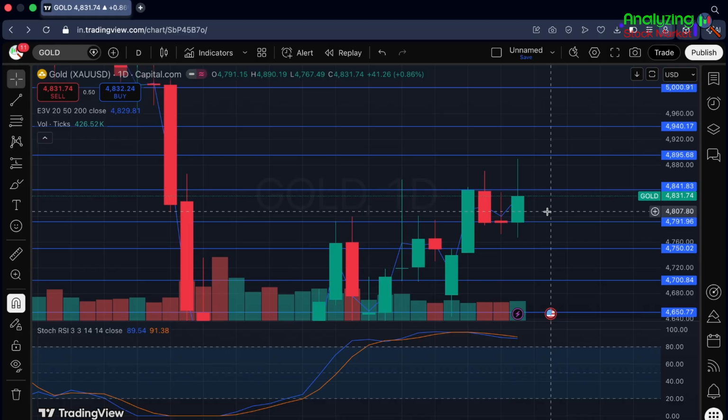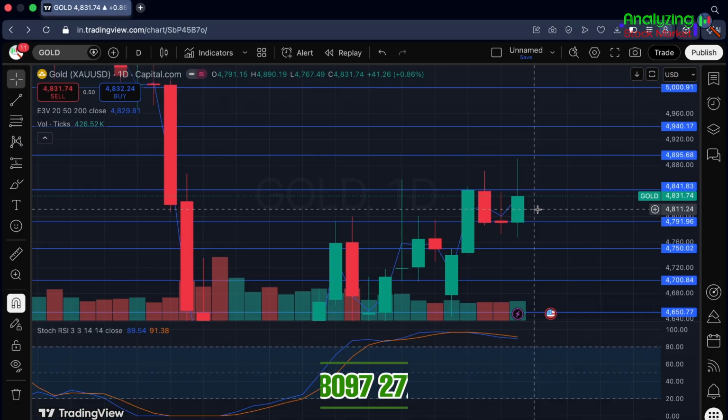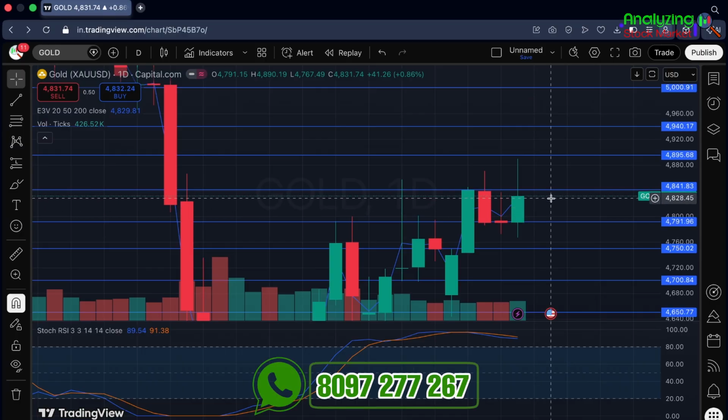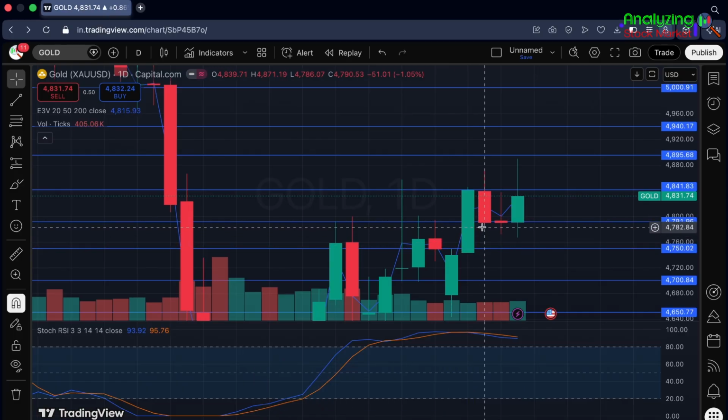So now let's talk about my opinion on gold USD for this week. Here 4831 is the closing. According to the previous week's momentum, I'm expecting a negative closing or a sideways closing in this range, that is in the no trading zone. This looks like a negative scenario because there is a gap between these levels as well.